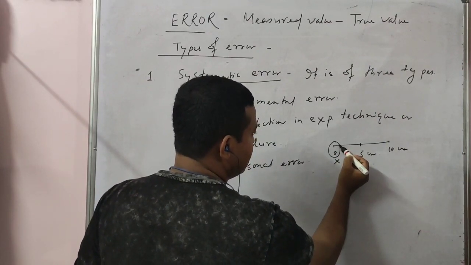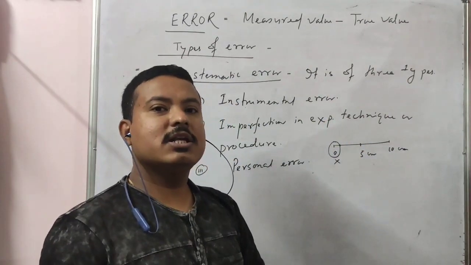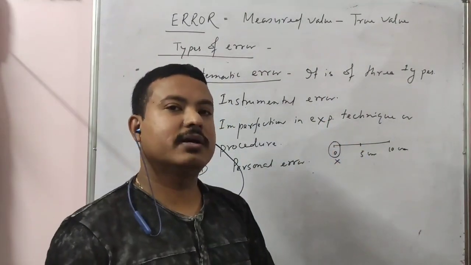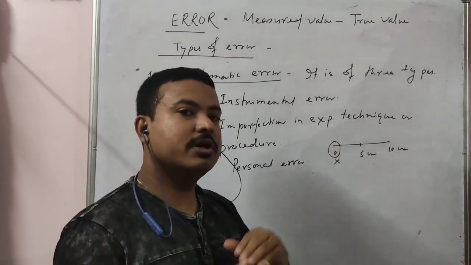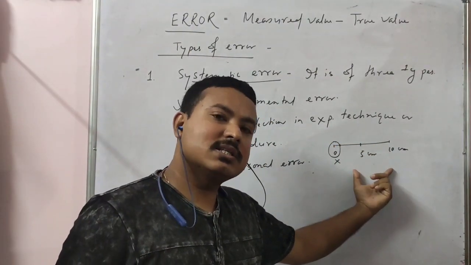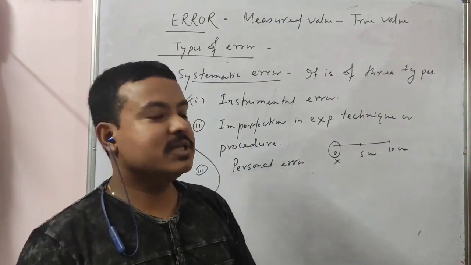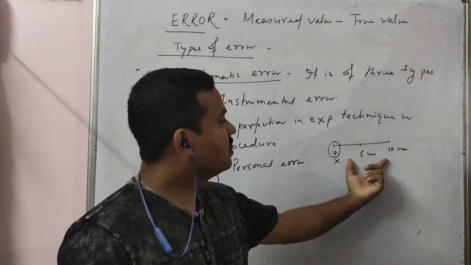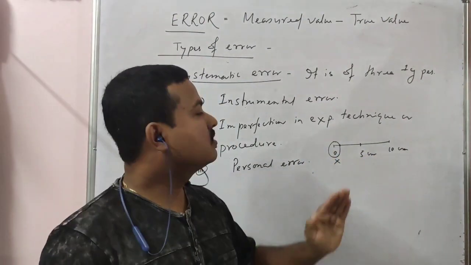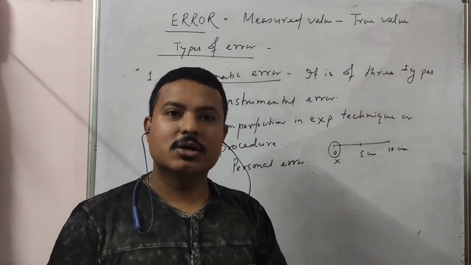So here the scale is not an accurate one. The scale is faulty because here the 0 mark is not there. The 0 mark is not there because it has already broken. So if we measure with this scale, then definitely you may get error, because here the scale itself is not 10 centimeter. It is less than 10 centimeter because a part of it has already broken out.